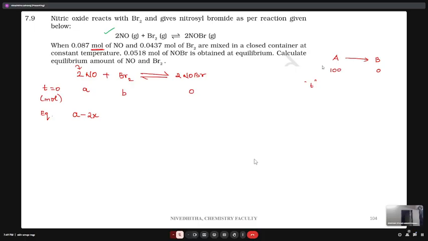Initially it was 100 molecules of A, in which 30 molecules of A were involved in the reaction. So how much number of molecules of B you will be expecting at the product end? How much quantity, Kana?